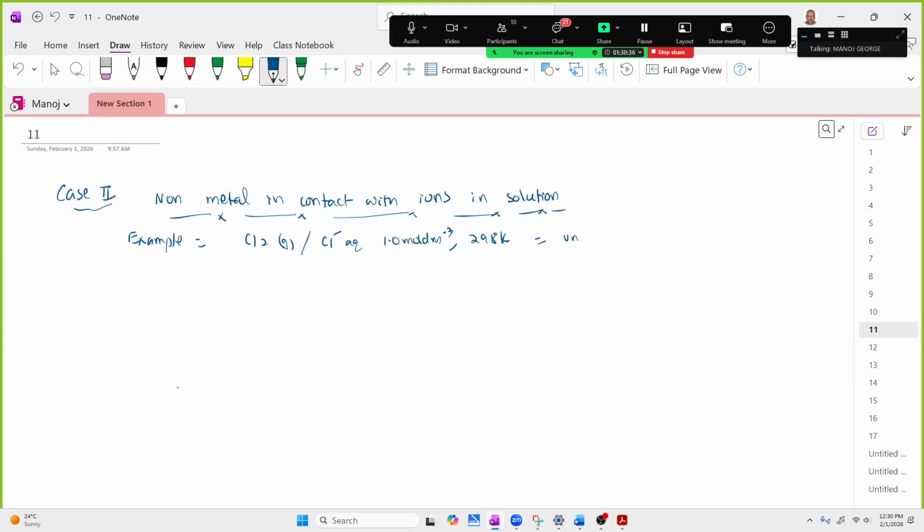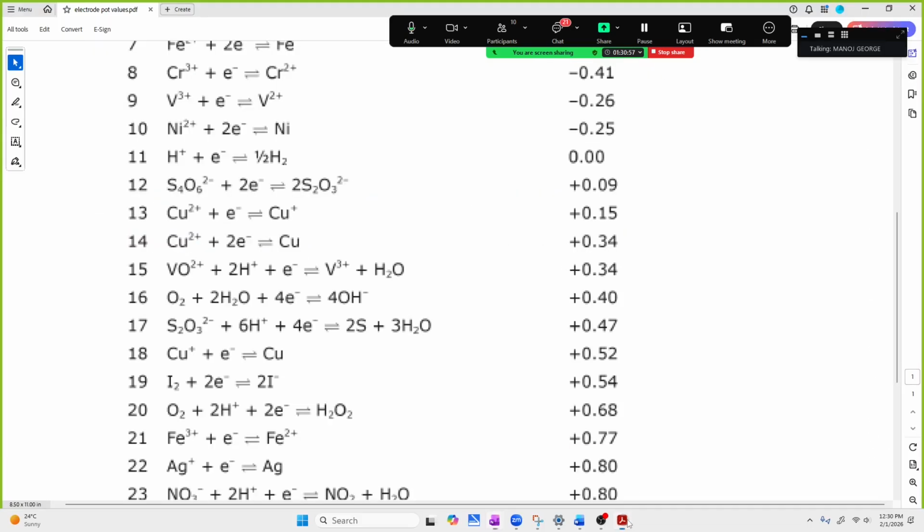It's not really unknown, but it is the half cell whose E dot I have to find. Don't forget, this is called the electrode potential of this half cell. That is my intention. So when I look at my data sheet, do I see an equation where there is chlorine and Cl minus? Let's have a look.